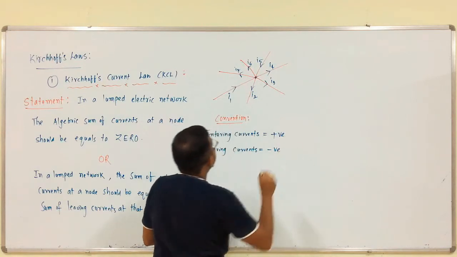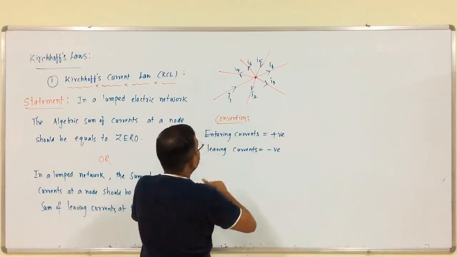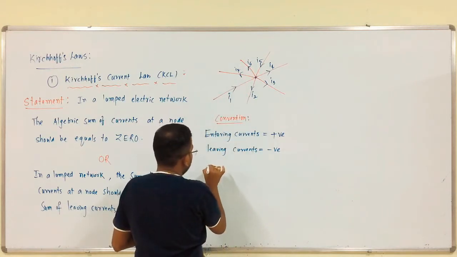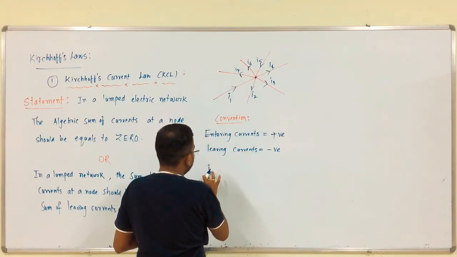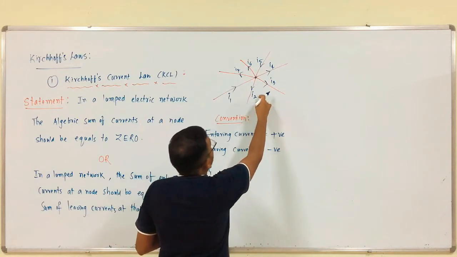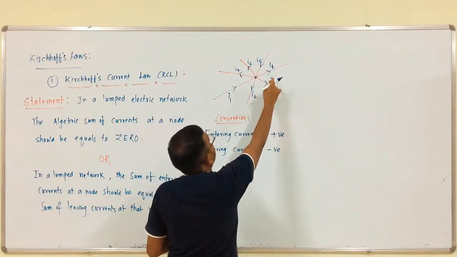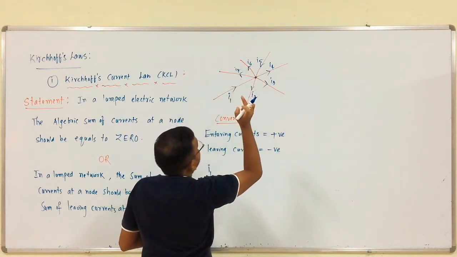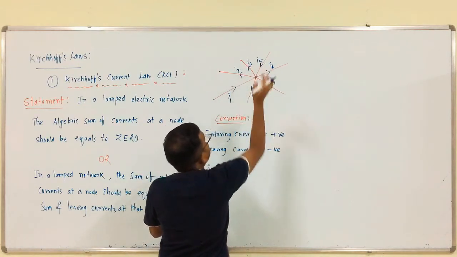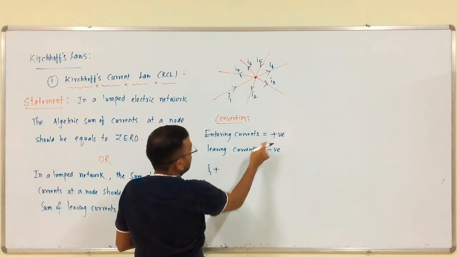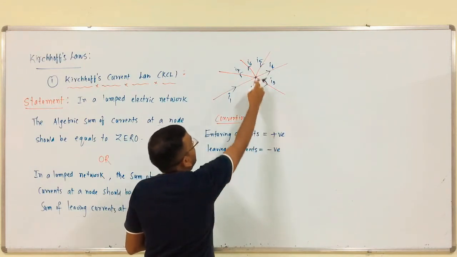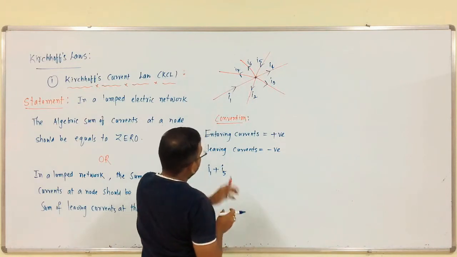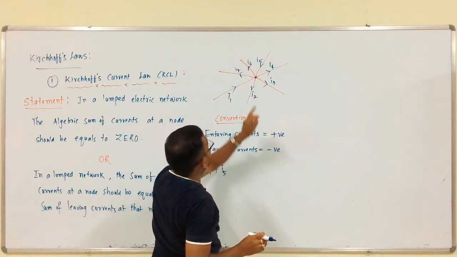So, at this node, what is the entering current? I1, that is positive. Sorry, I5 is also entering, so plus I5. Next, the leaving currents should be taken as negative.